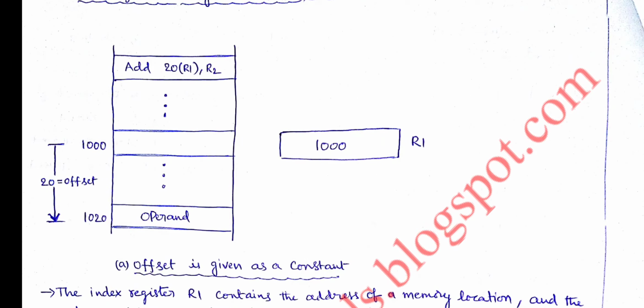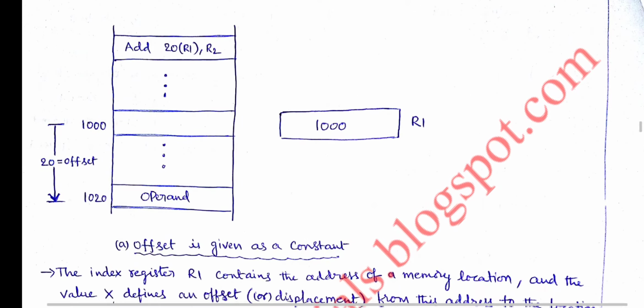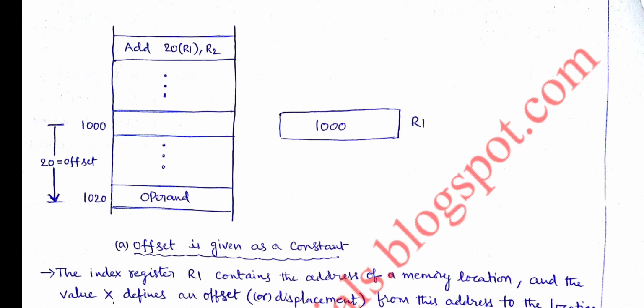This is an example. Offset is given as a constant value. Our instruction is Add 20(R1), R2. Here 20 is the constant value, that is X in place of X. R1 contains 1000.